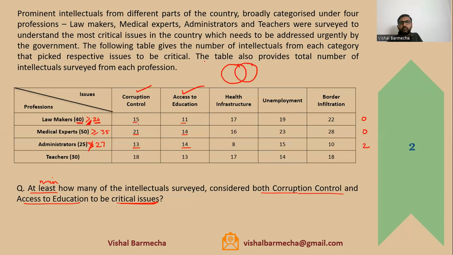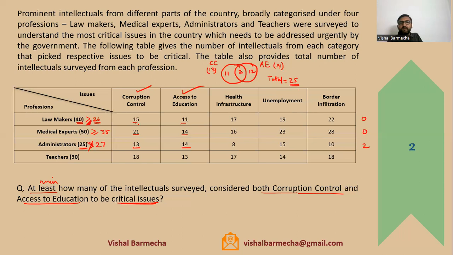Right, तो अगर हम बोल रहे हैं that this is corruption control and this is access to education, right, and we are saying that total people surveyed from administration is 25. तो टोटल अगर आपके पास 25 है and आपको पता है corruption control का total is 13, access to education का total is 14, तो 13 plus 14 27, which is exceeding 25 by 2. तो मिनिमम दो लोगों को आपको यहाँ डालना होगा, so that this becomes 11 and this becomes 12.